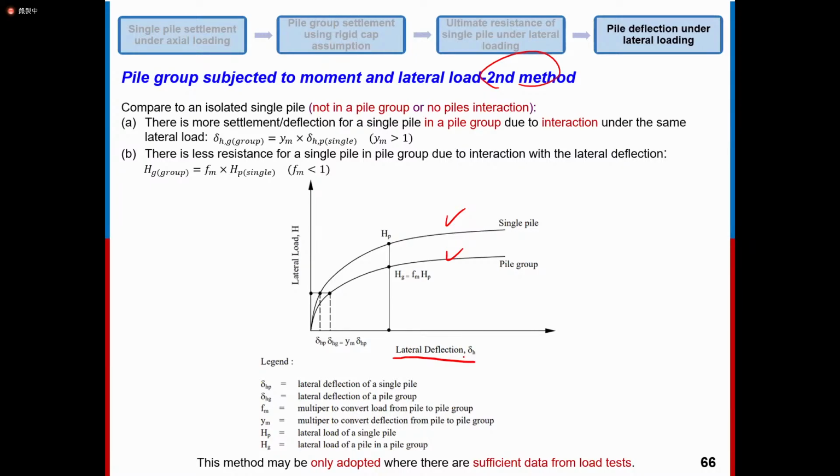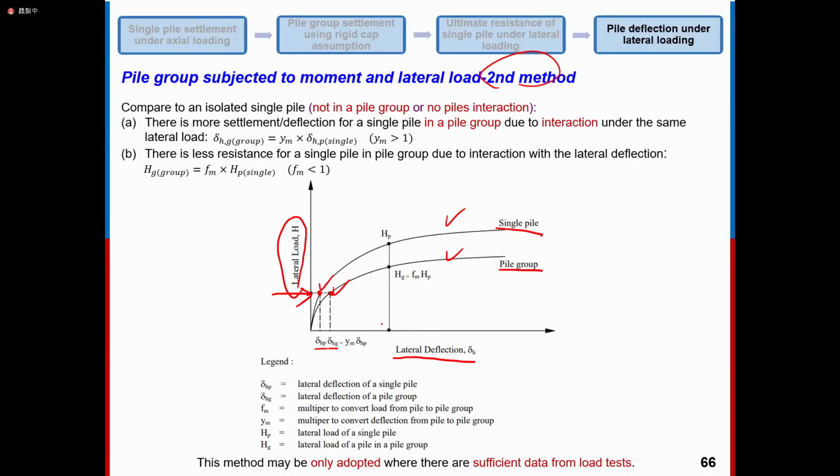The top one is for single pile, the second one is for pile group. Under the same level of lateral loading, the delta pile group is larger than the delta single pile.